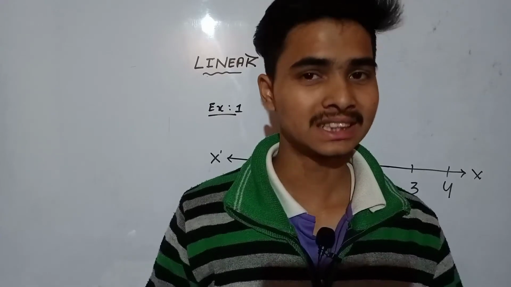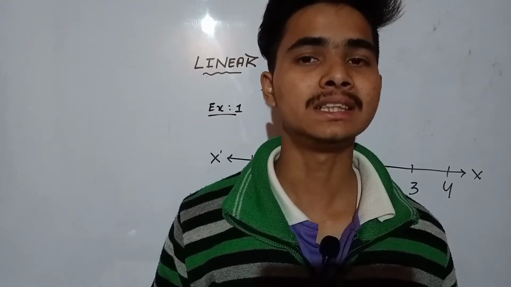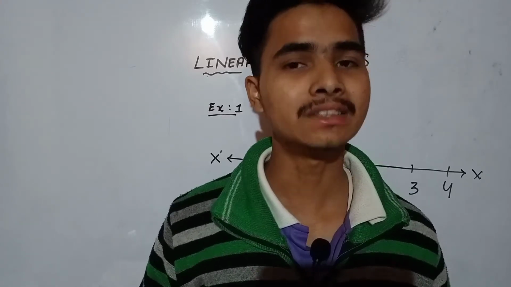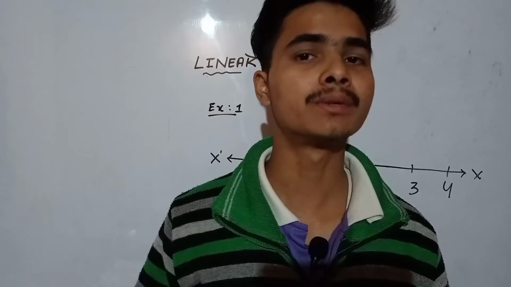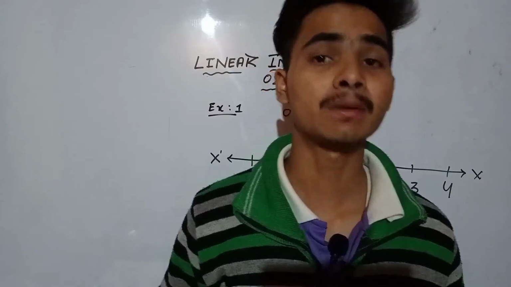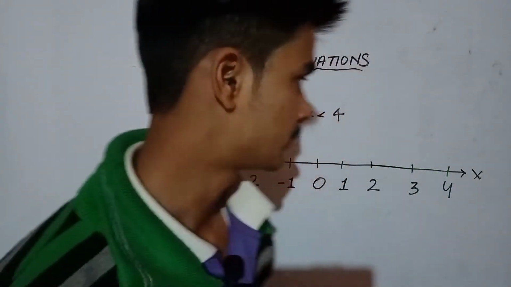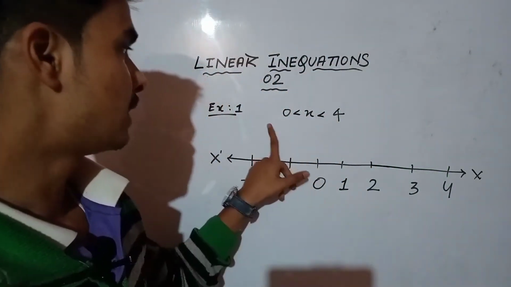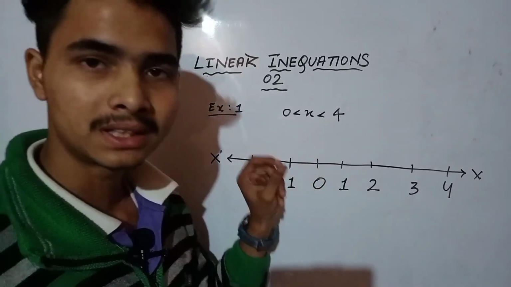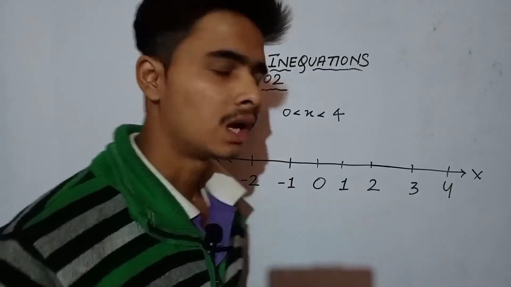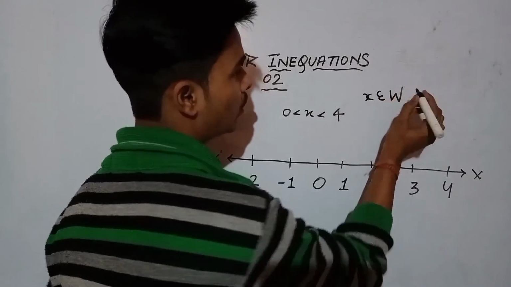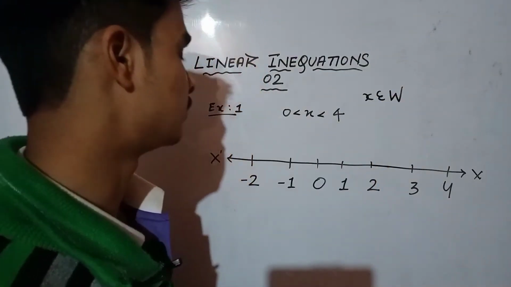Suppose there is a value which belongs to whole numbers, or natural numbers, or even integers, the process of representing them on a number line is always the same. See what I am talking about through an example. Suppose we have been given the condition that x is greater than 0 but less than 4, and now I tell you that x belongs to whole numbers.